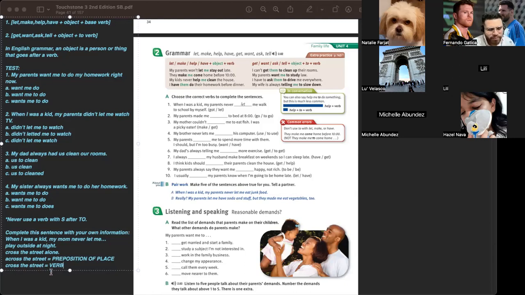I don't know, like cross the street sería cruzar la calle. So it doesn't make sense to say cross the street if someone asks me where's your house. Yeah, it doesn't make sense. Exactly.